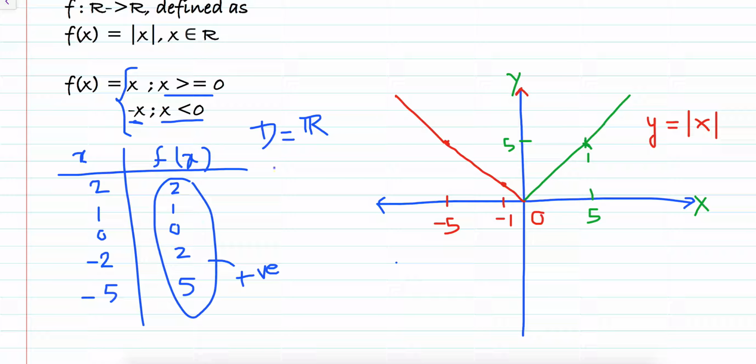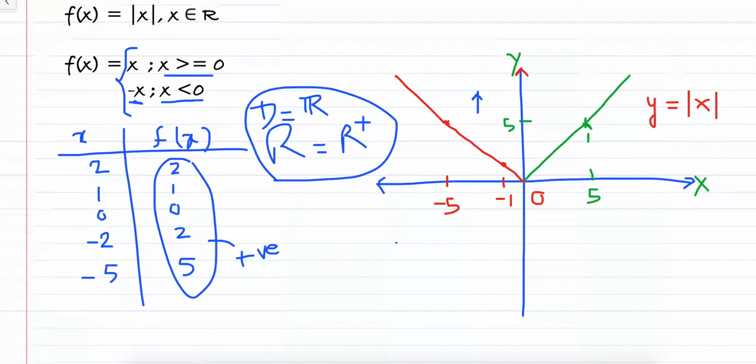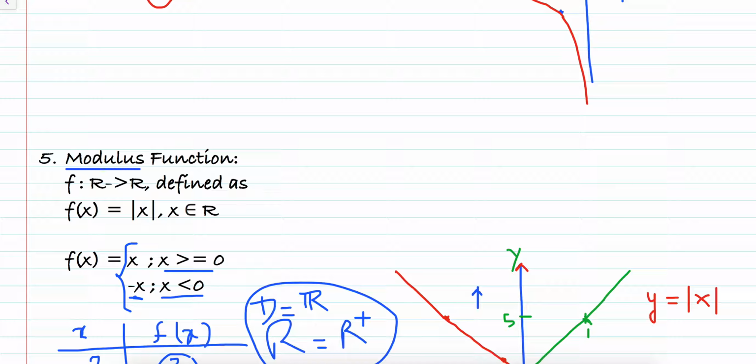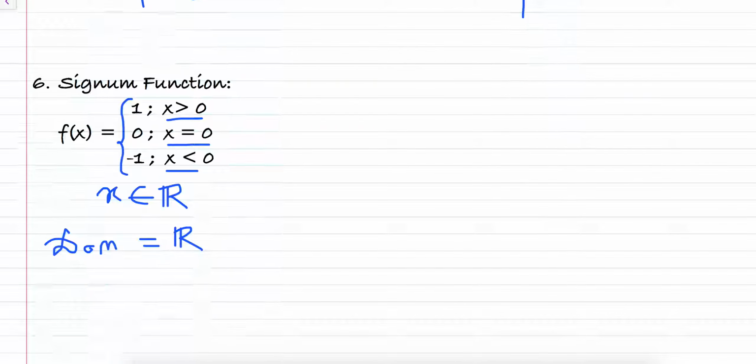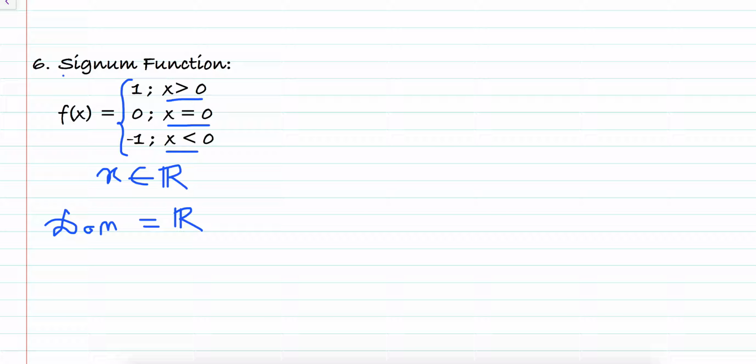And what is the range? Range is only positive real numbers, because y can never be negative. So this was for the modulus function. Similarly for other functions, you can see what the domain and range are. So for the Signum function, the domain is the entire set of real numbers because it's defined for every real number.